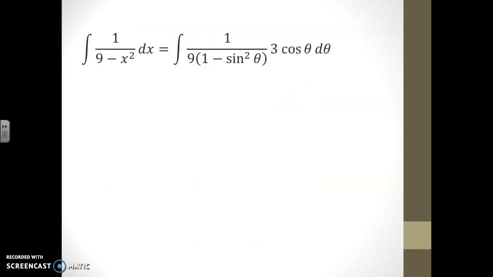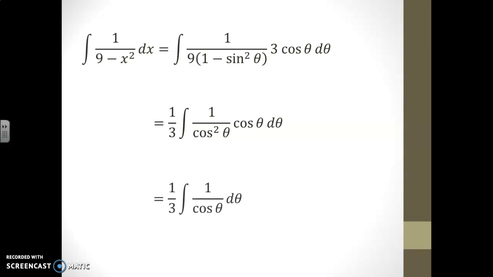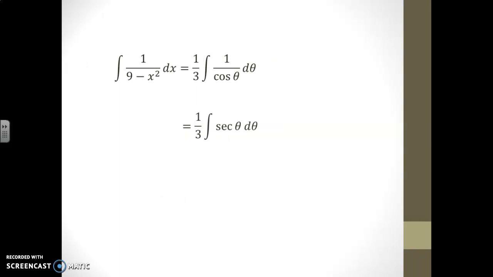And 1 minus sine squared now appears as something that can be replaced by cos squared theta. 3 and 9 were simplified to 1/3 and pulled out from the integral. Now finally observe how cos of theta and 1 over cos squared can be reduced to 1 over cos, which is, in fact, a secant.